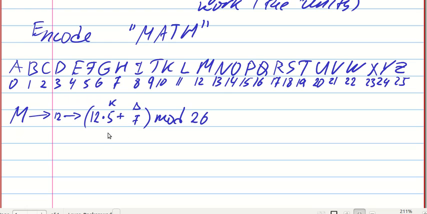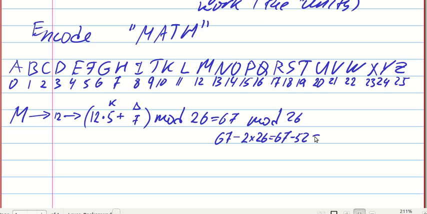So it's 67 mod 26. And 26 goes into 67 twice. So it's 67 minus 2 times 26, or 67 minus 52. And that's going to be 15. So this is equal to 15, and 15 is letter P in the alphabet.